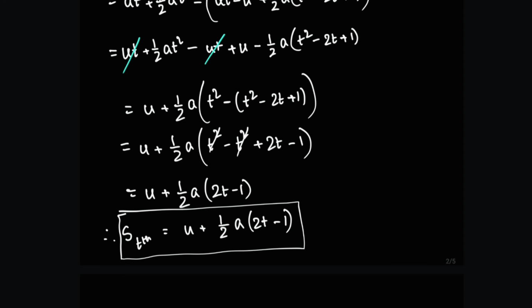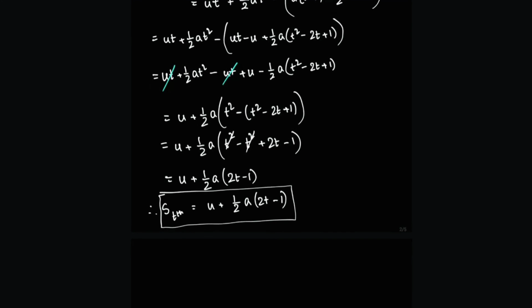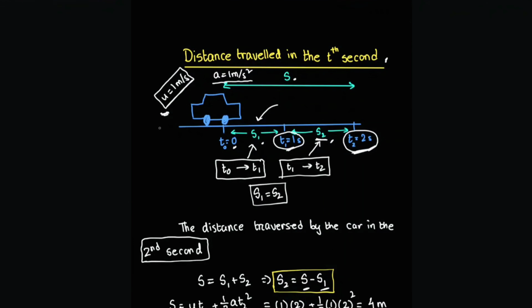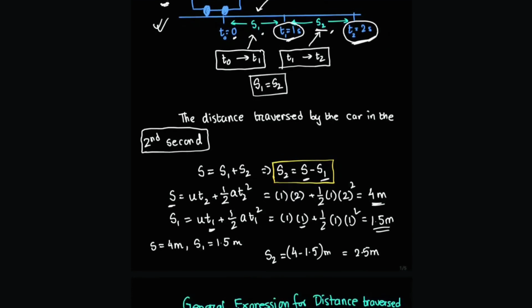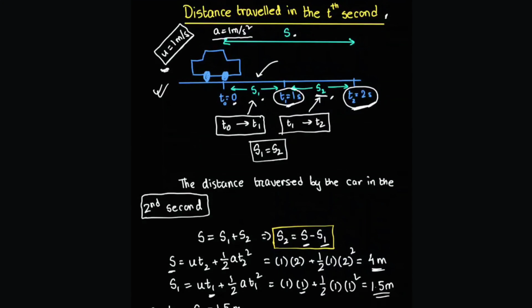But how do we verify this? Well, you simply put this formula into this very case that we have over here. In this case, our required t is equal to 2, because we are here to calculate the distance traversed, the displacement made by the car in the second second.